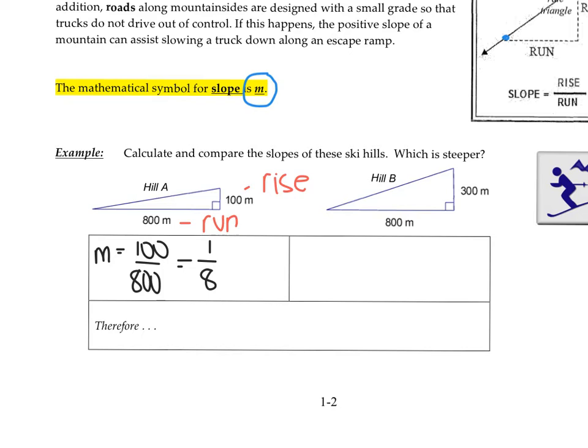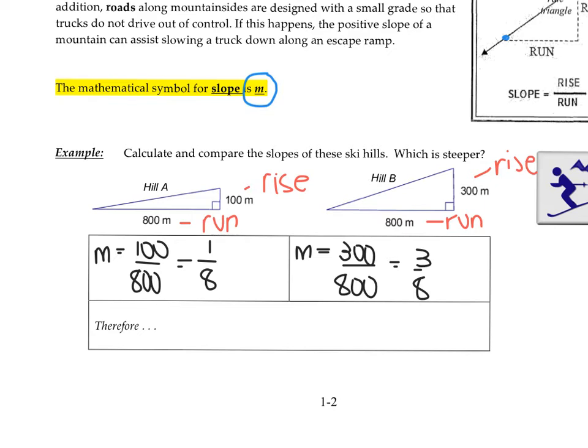Okay, and now we're going to do the same thing for hill B, but now our rise is 300 and our run is 800. So my new slope for hill B is going to be 300 over 800, which is 3 over 8. And now I can compare these two fractions and see which number is larger.